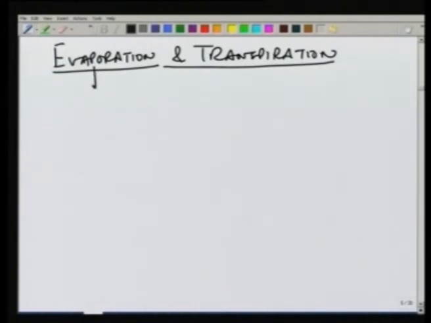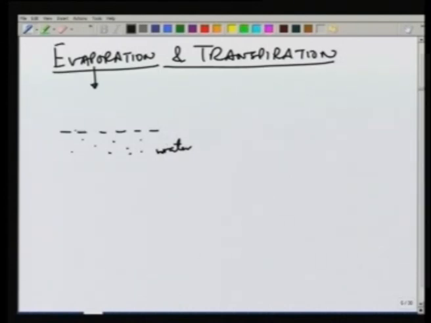So, if we look at the process of evaporation, let us look at how evaporation occurs from a water surface that is filled with water.